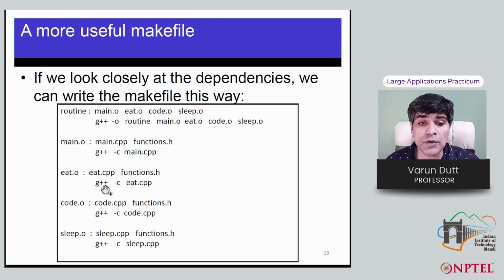Therefore, make will only compile those rules, from top to bottom, where there have been changes in the CPP file, where the timestamp is updated compared to the .o file. And therefore, make will become super efficient and also save time and space.